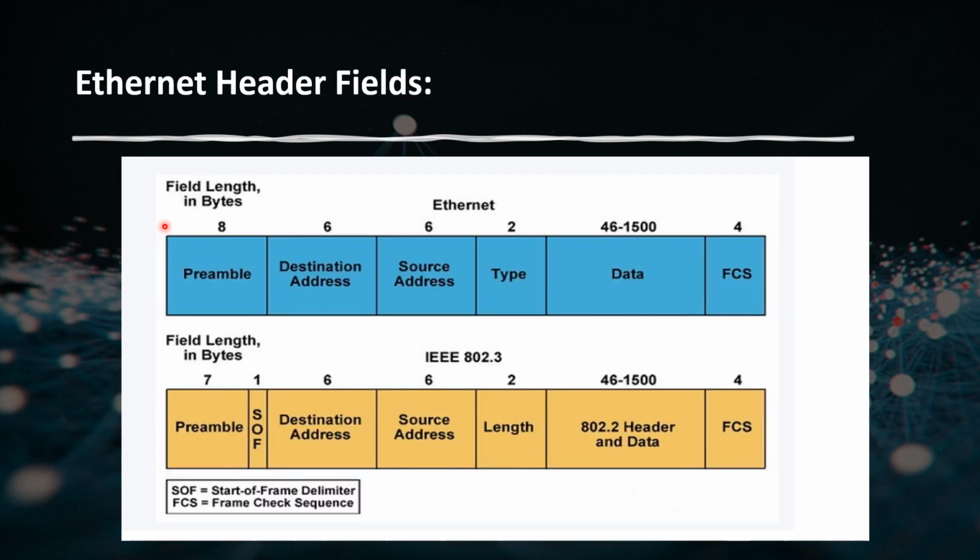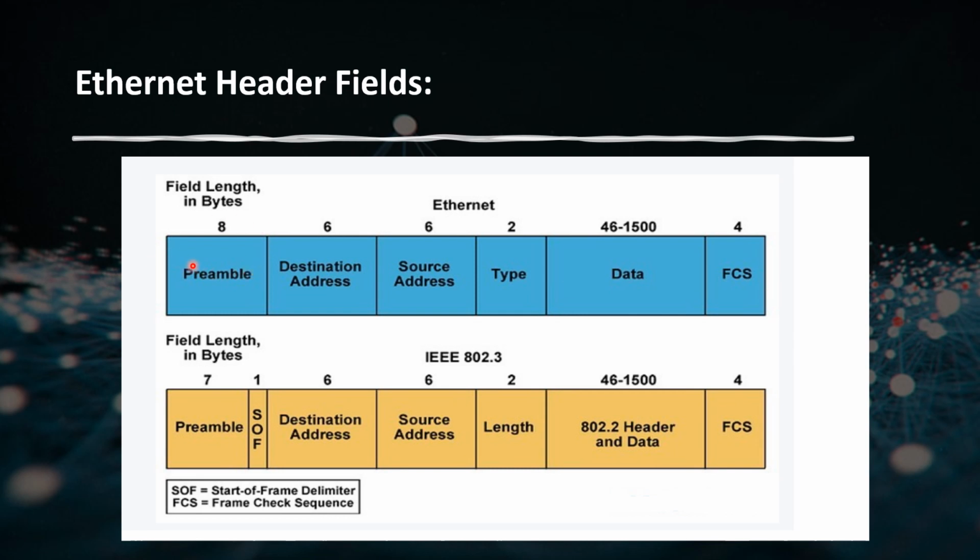These are the basic fields in the Ethernet header. Initially, when switches were not introduced, we had only hubs, repeaters and bridges. At that time we had only six fields: preamble, destination address, source address, type, data, FCS.